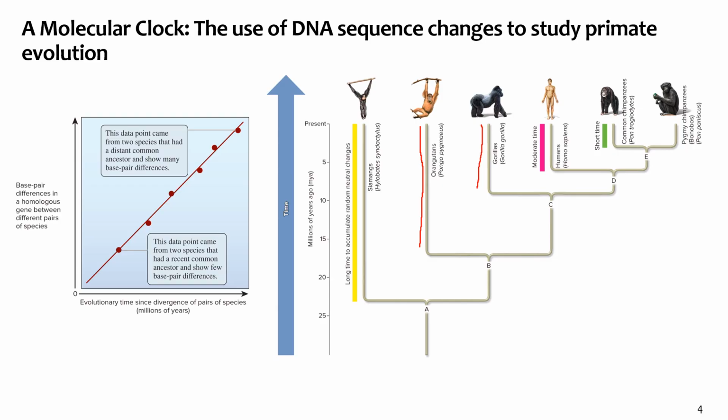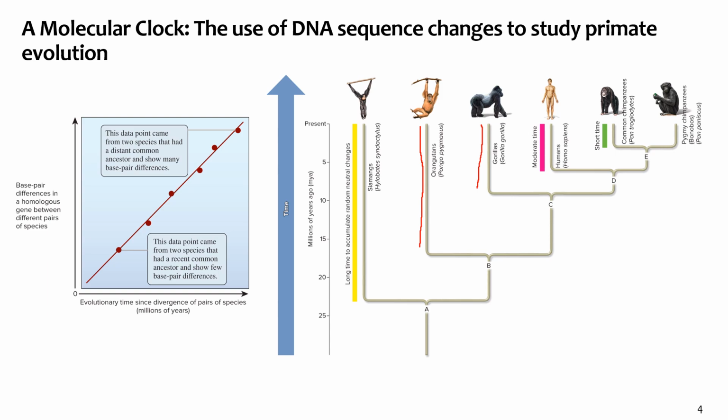When we look at humans compared to chimpanzees, we have fewer accumulated differences, which suggests a split much more recently. And then between two different chimpanzee species, the common chimpanzee and the pygmy chimpanzees, or the bonobos, they have very few differences, relatively speaking, indicating that they diverged much more recently.